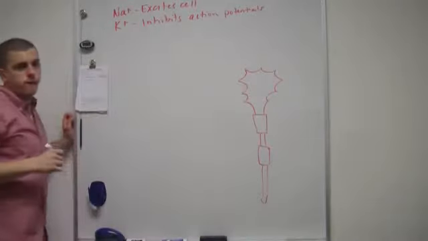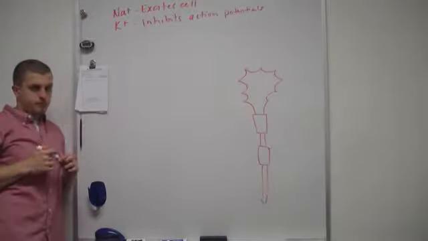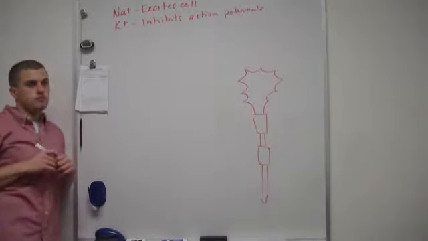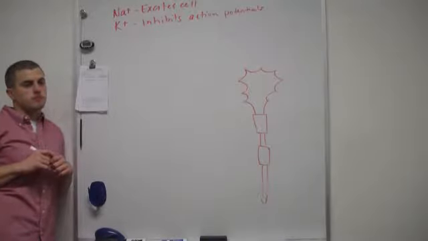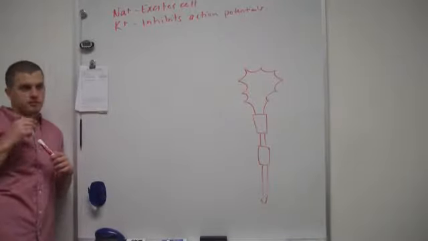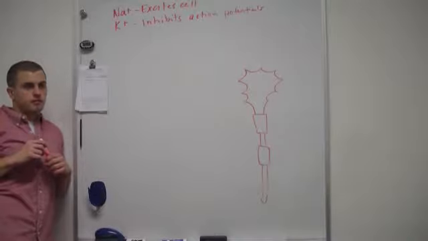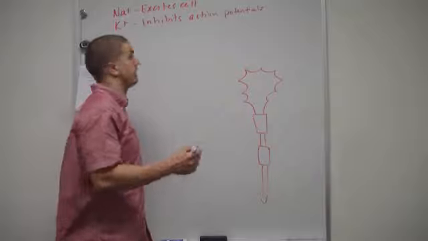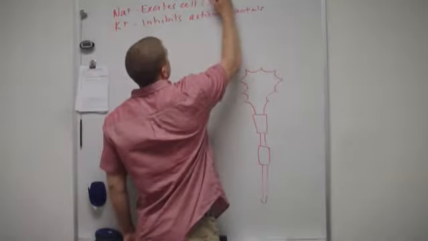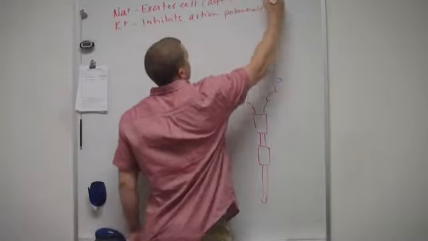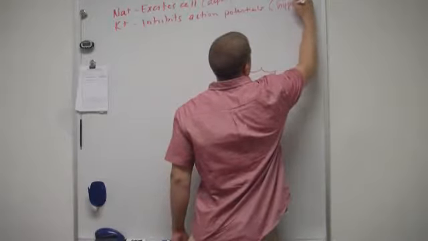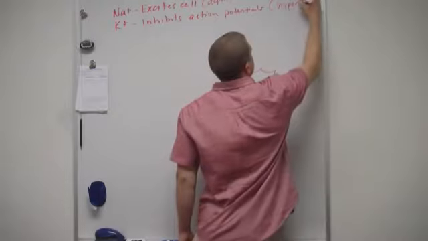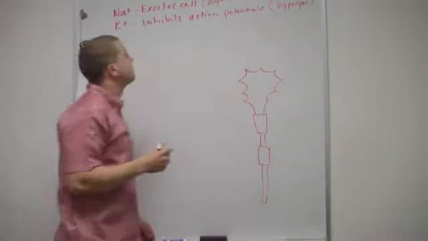Is that because when potassium rushes out, it makes it less positive and further away from zero, whereas when sodium rushes in, because of the concentration gradient, it makes it more positive, which helps it get to that action potential? Exactly. So we've got this, which is going to help depolarize, and this is going to help hyperpolarize. I was totally going to ask you that question, and then when I started saying it, I was like, oh my goodness, I just answered it for myself.